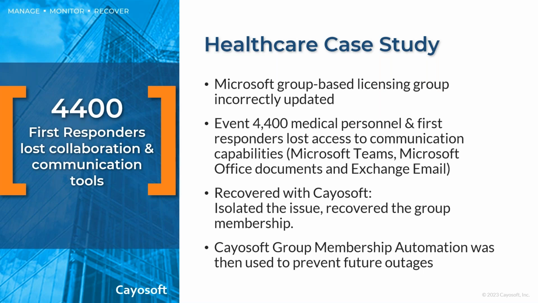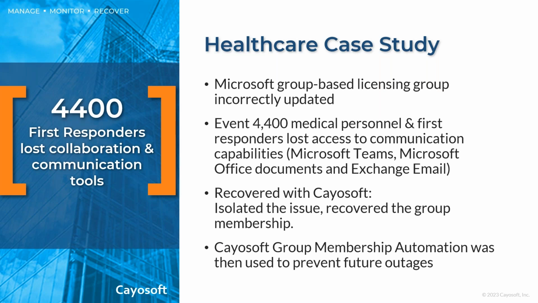I think it was manually managed because they couldn't produce a set of rules that would correctly classify all the users. And when that script was executed, 4,400 professionals were removed. When that happened, their licenses were revoked and they lost Teams, they lost their email. Some of them, I think, had Teams voice, so they couldn't call.